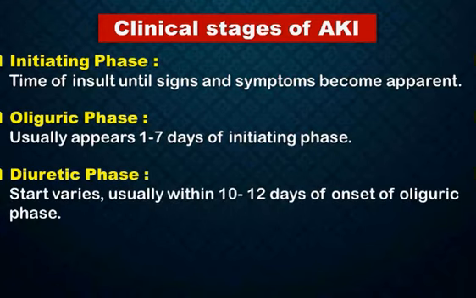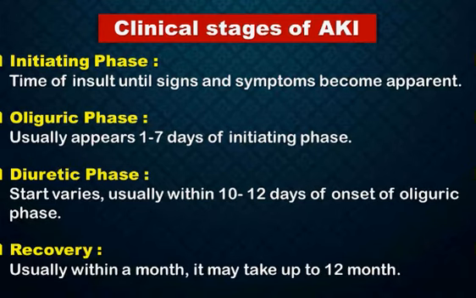If there is no intervention, if there is no correction, the patient will go into the diuretic phase. This usually starts within 10 to 20 days of the onset of the oliguric phase. And finally, there is the recovery.